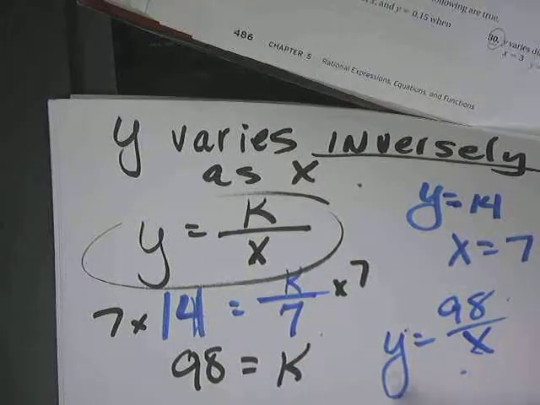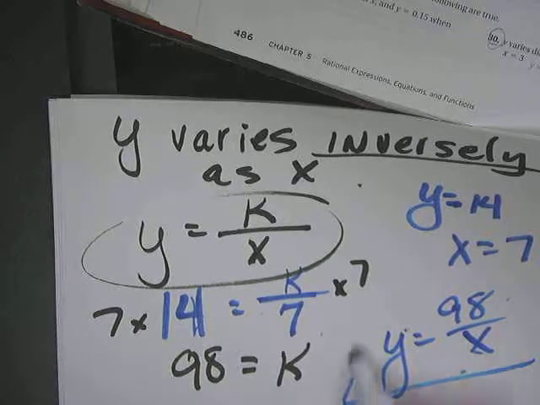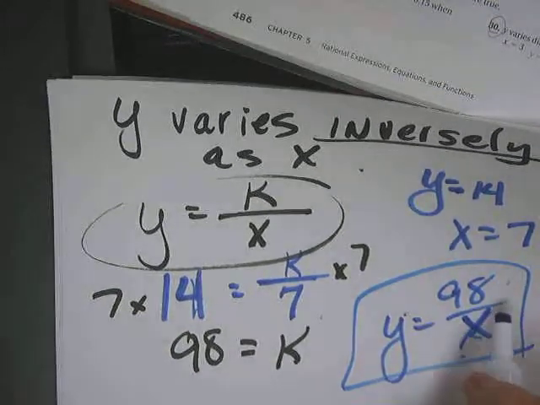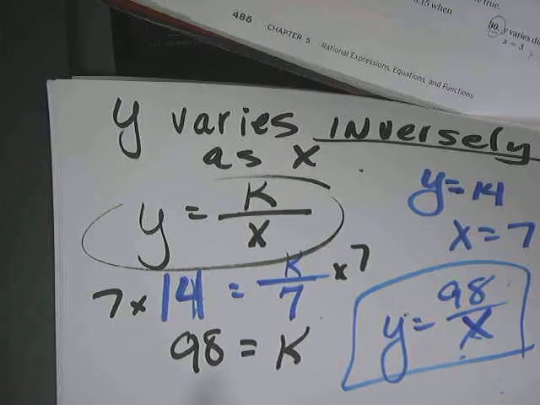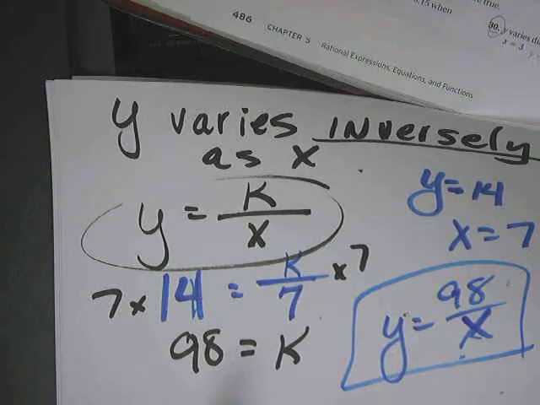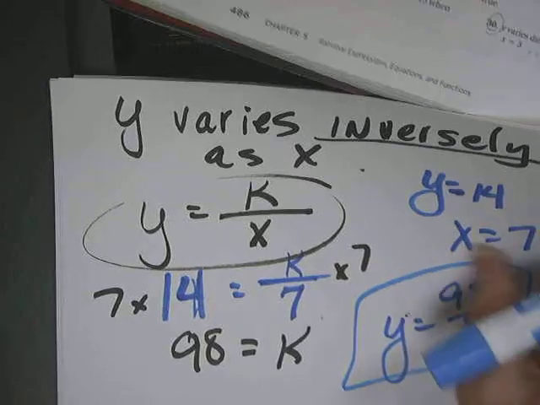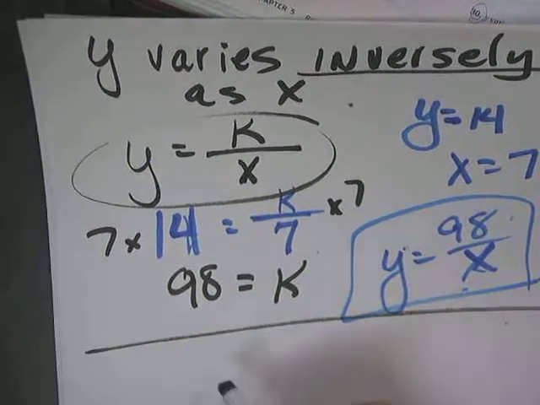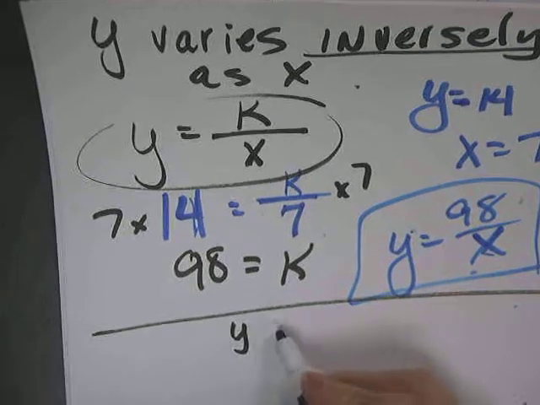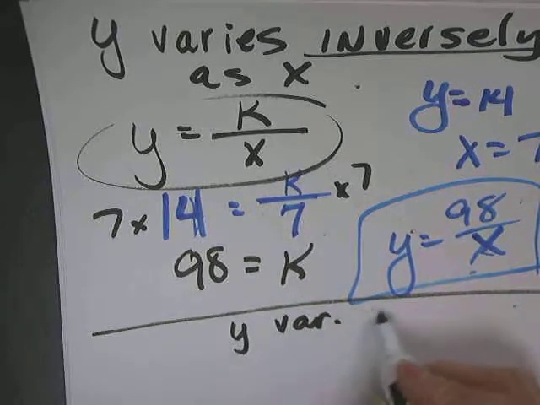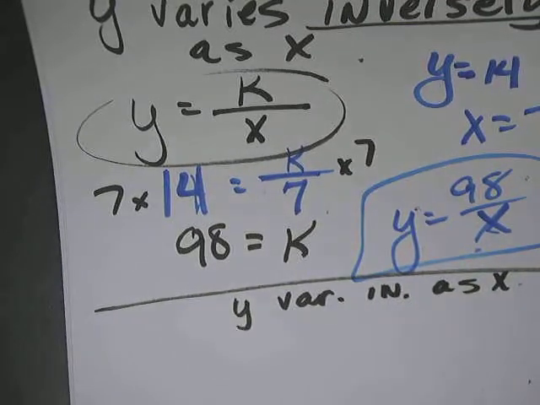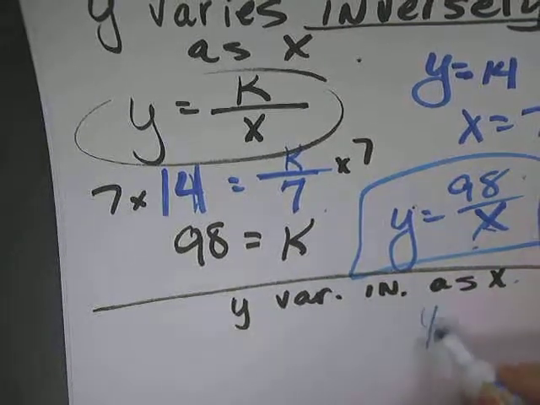Okay, so k over 7, we're going to multiply by 7, right? To solve it. k is 98. So what is the formula? Remember? Y equals 98 over x. You leave the y and x when you do the formula. You just put the k in there.